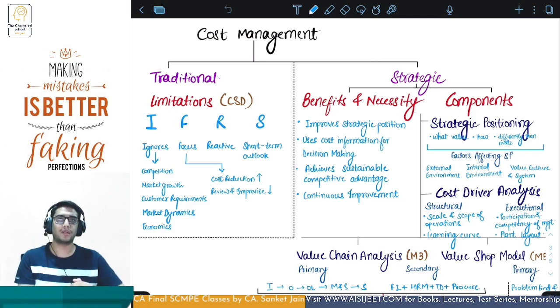Secondly, market growth is not taken into consideration because we are setting targets on the basis of internal assumptions and historical data. For example, if the previous year's turnover was 100 crores, and this year we want a 20% increase, our target is 100 crores plus 20%, so 120 crores.